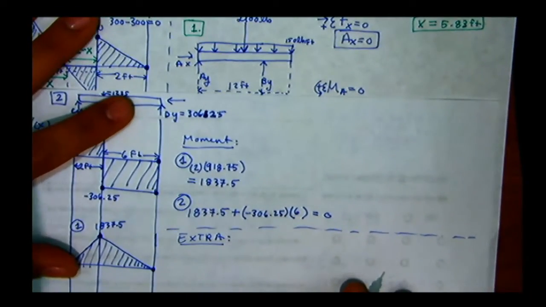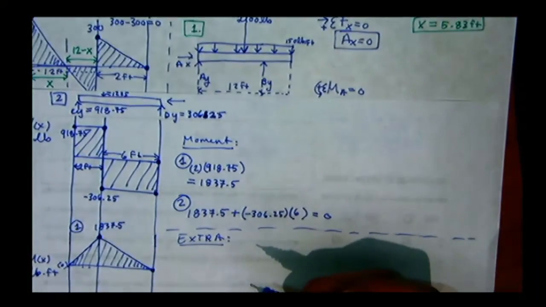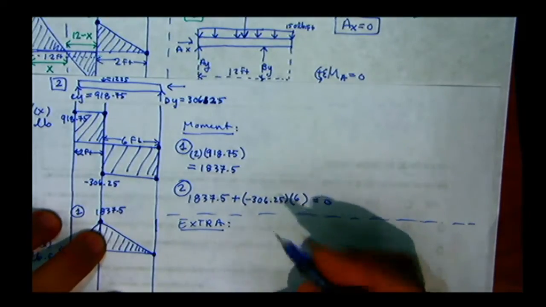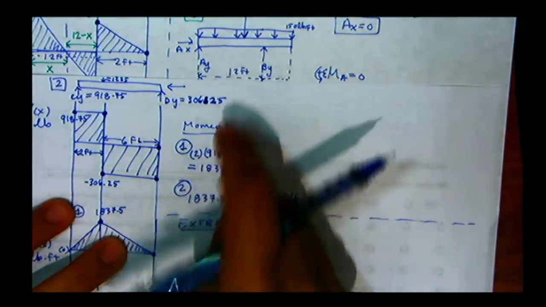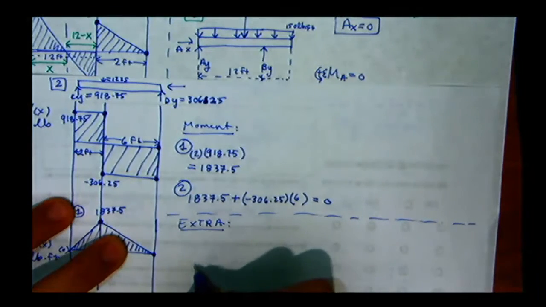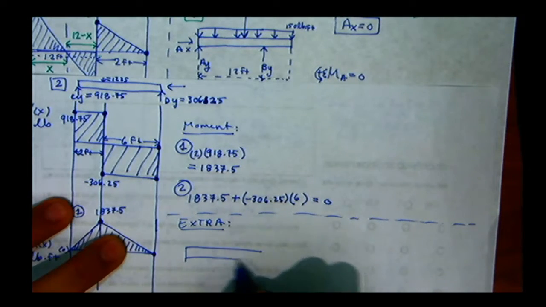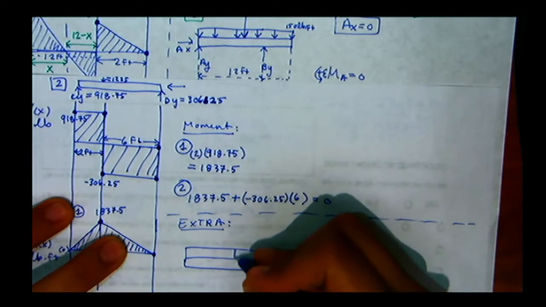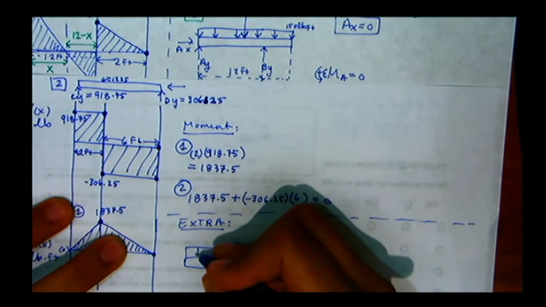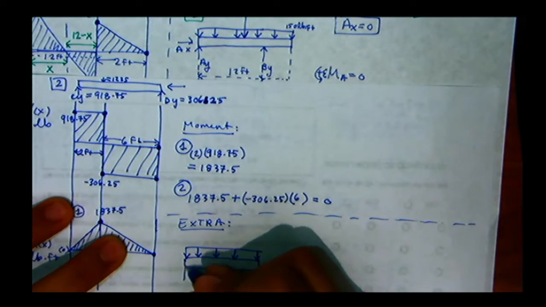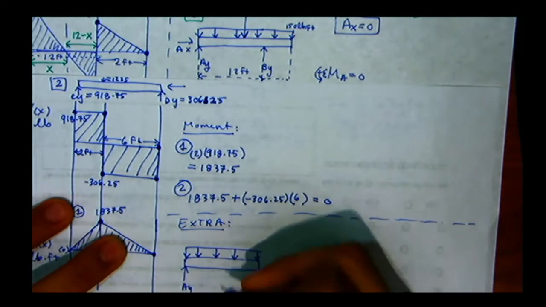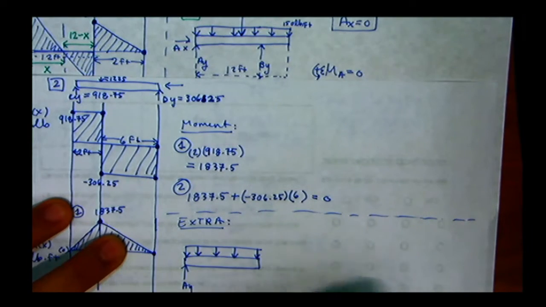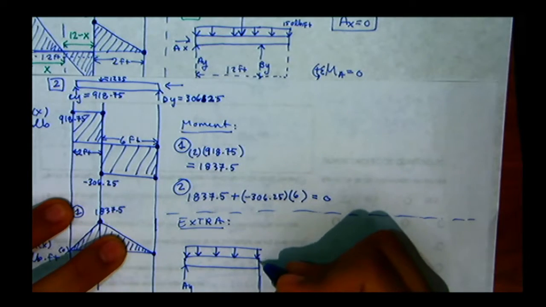So if we were arbitrarily looking at this, let's just draw it. AY. I'm going to label this distance as x. And we know it's 150. It'd be 150 times that distance x.